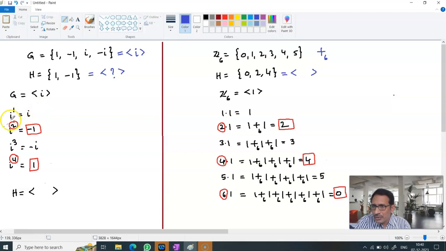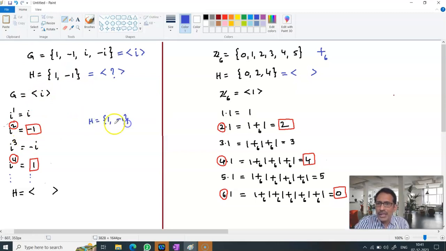So see here, an observation is that G is generated by i. That means you will get every element of G when i is raised to some power. That is i power 1, i power 2, i power 3, i power 4, and continue this, you will get every element of G, right? And because H is part of G, so what is H? {1, minus 1}.